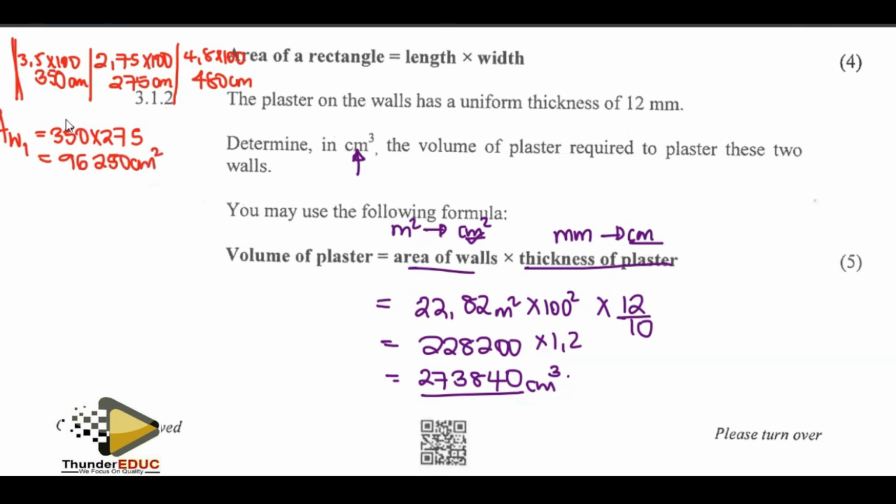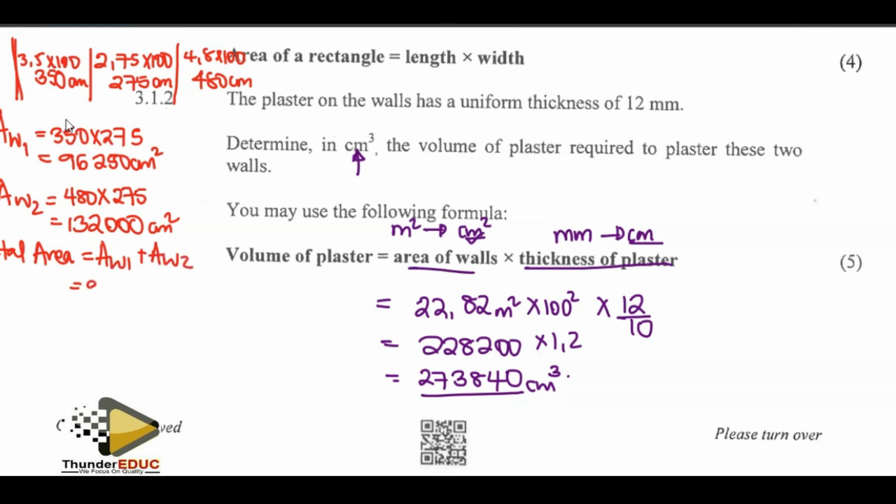These are centimeters squared. Look for the area of wall 2, which we said is 480, also times 275. You get? These are centimeters squared. So the total area will be area of wall 1 plus area of wall 2.